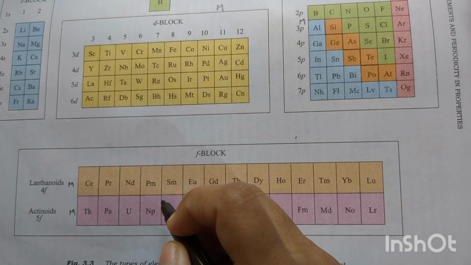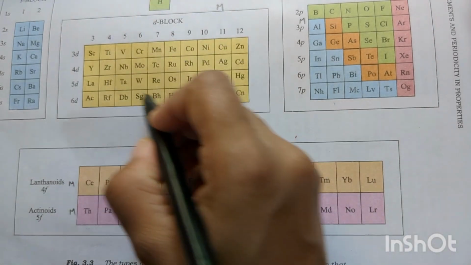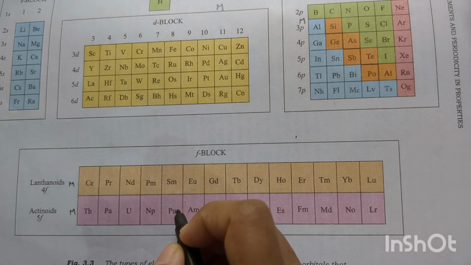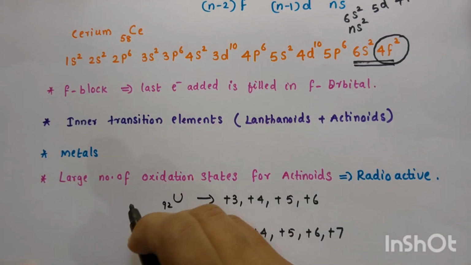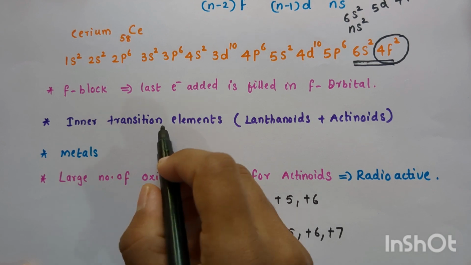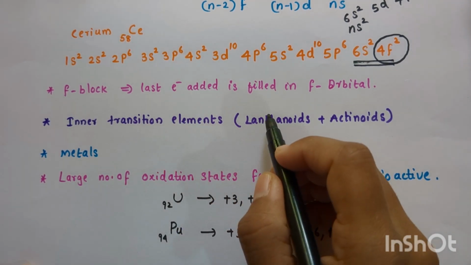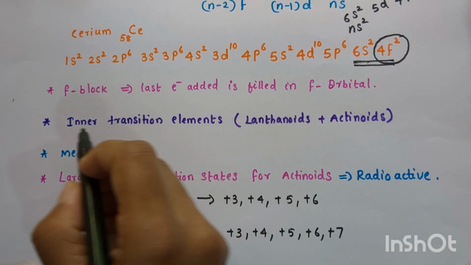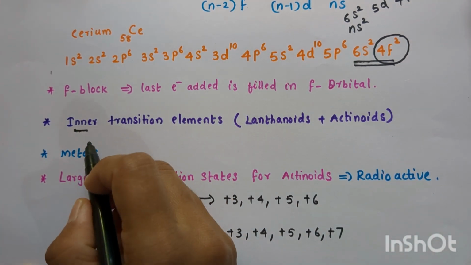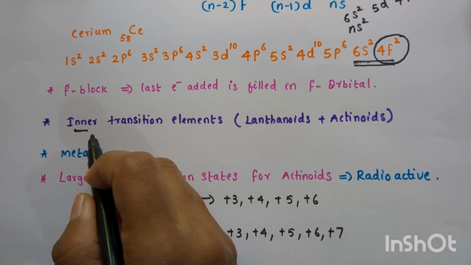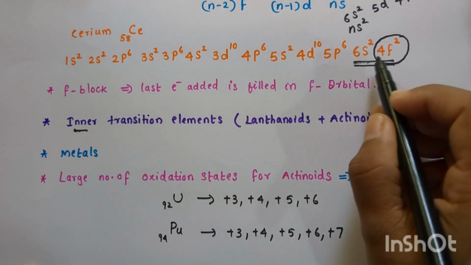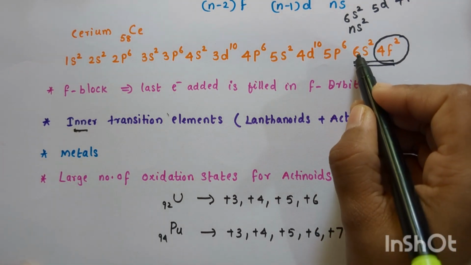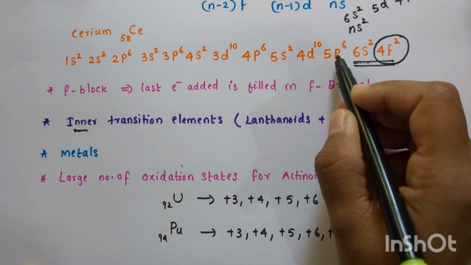When we discussed d-block elements, we saw that d-block elements are called transition elements, and f-block elements are called inner transition elements. Inner refers to the fact that electrons are filling the inner f orbitals, that is 4f orbitals, which are deeper in energy level than the outer s and p orbitals.